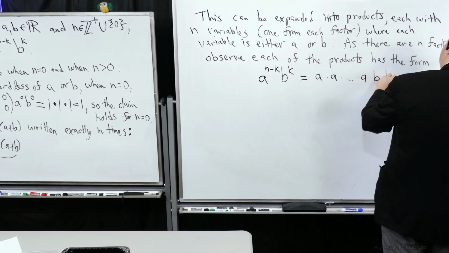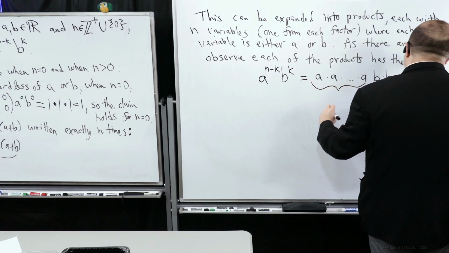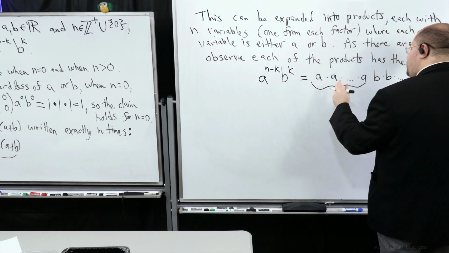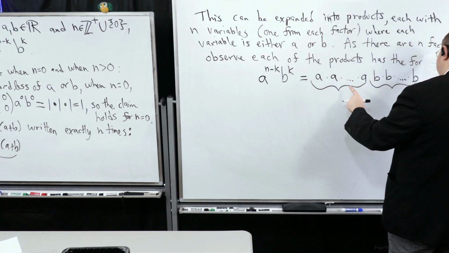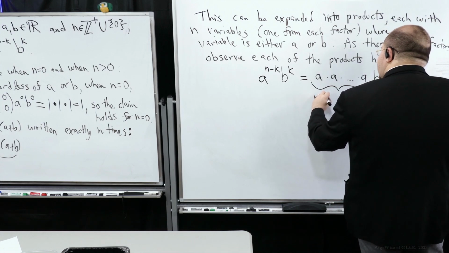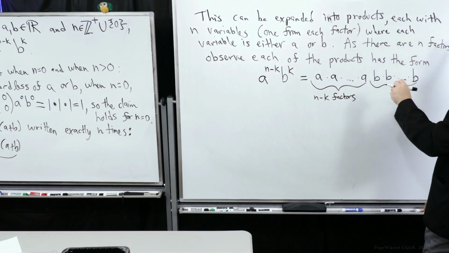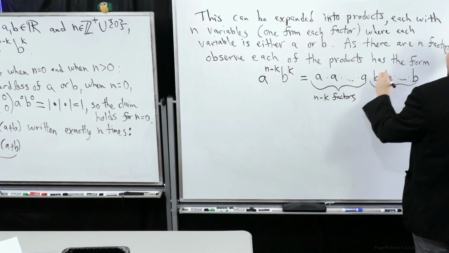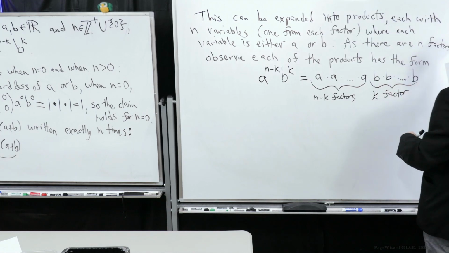B times some number of b's. How many of these are there? Well, each one of these is grabbed from some factor, right? So how many factors do these a's come from? There's n minus k factors that these come from. And then over here, we have k factors that we picked b's in.